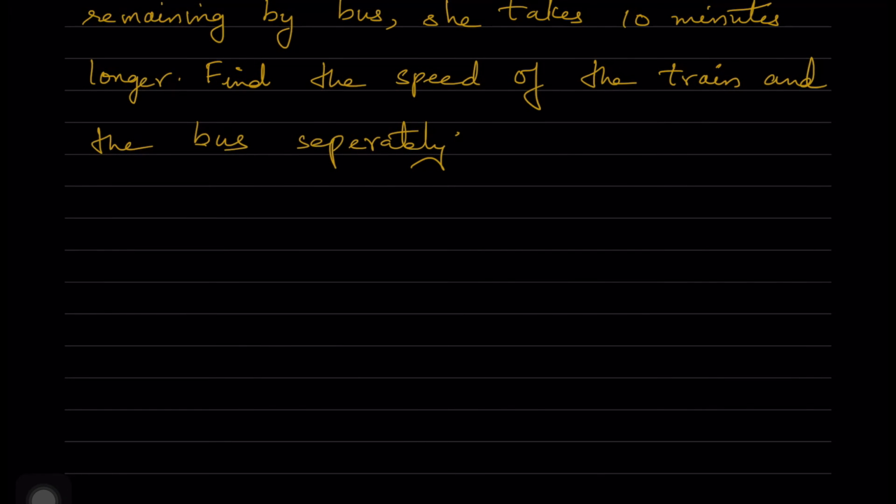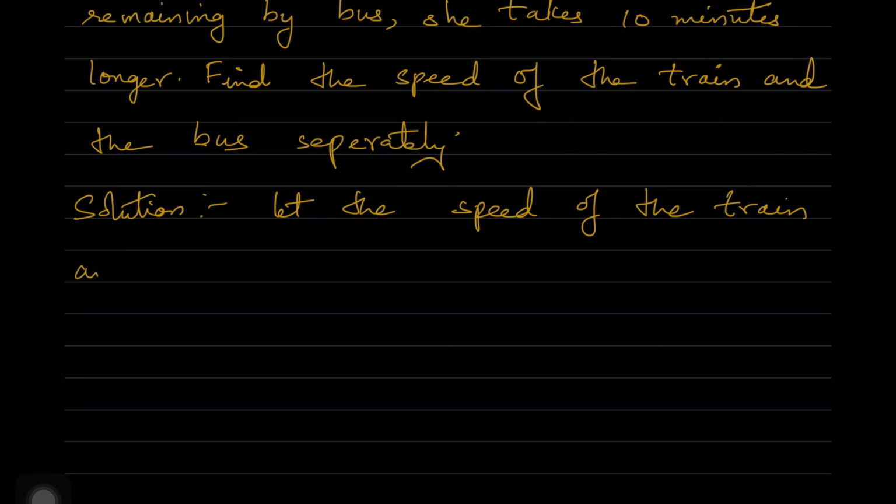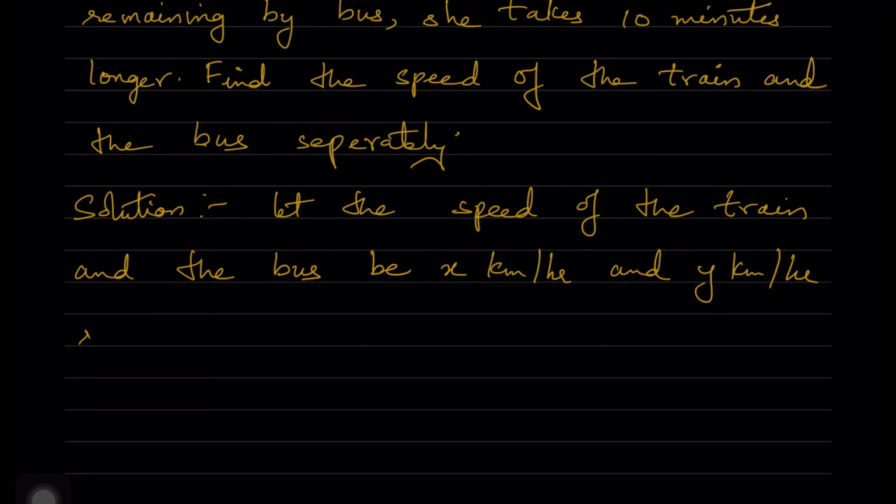So solution for this, you are having two cases here. When she travels 60 kilometers by train and the remaining by bus, let the speed of the train be x kilometers per hour and the speed of the bus be y kilometers per hour.